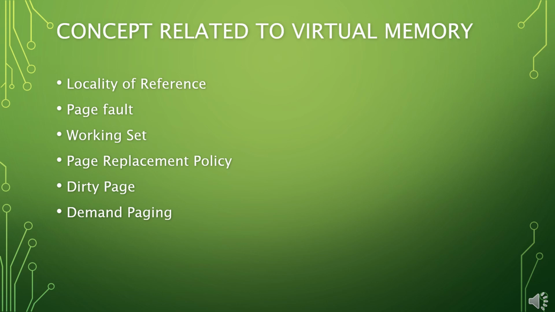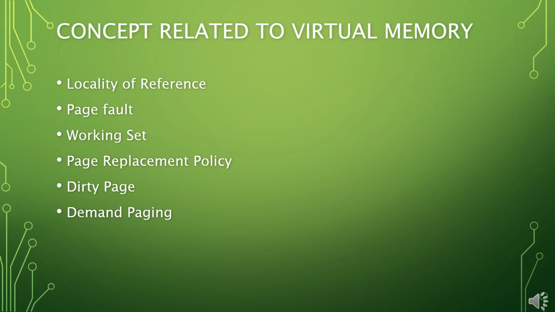The next is page replacement policy. Now, page replacement policy works on the basis of working set and page fault. As the number of processes and the number of pages in the main memory increase, all the page frames become occupied. At this time, if a new page is to be brought in, the operating system has to overwrite some existing pages in the memory.